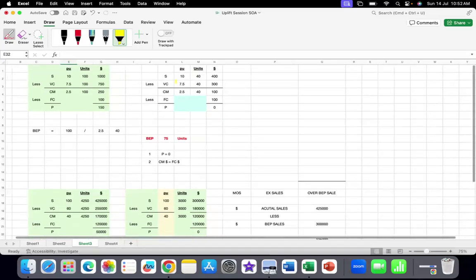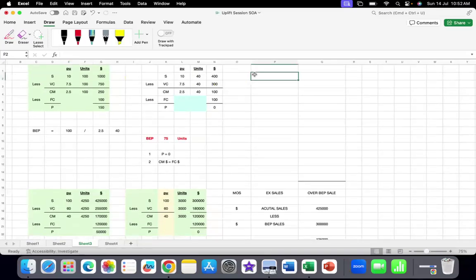If a company is producing certain products, say for example product A, B and C, the ratio is, say, 2, 3 and 1.